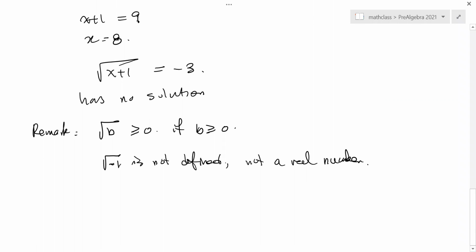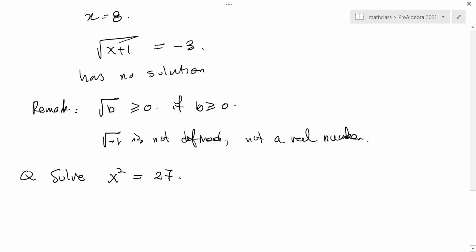But now, let's solve this question: x squared equals 27. According to the above definition, if x is positive, then x squared equals 27 is equivalent to saying x equals the square root of 27.